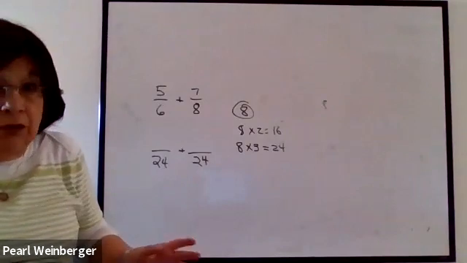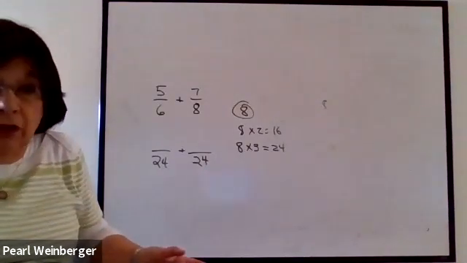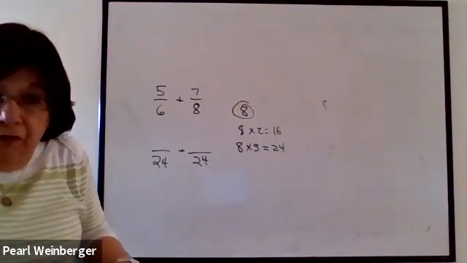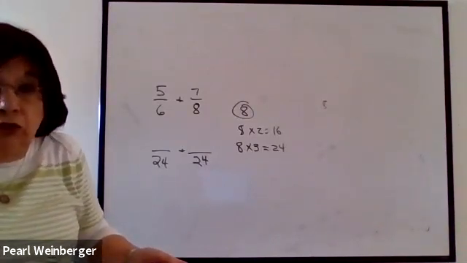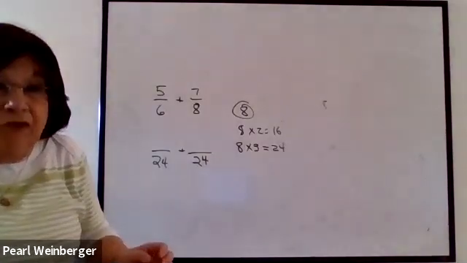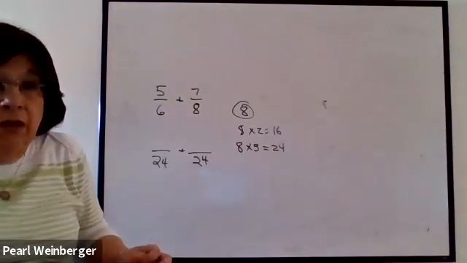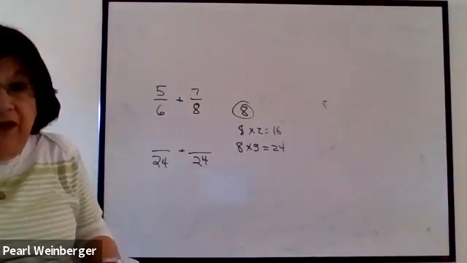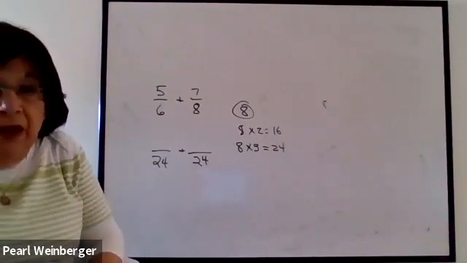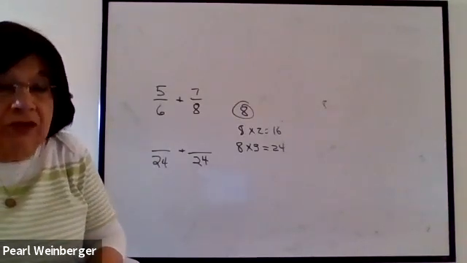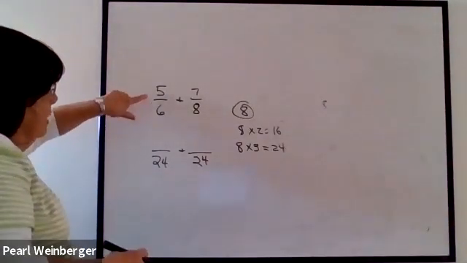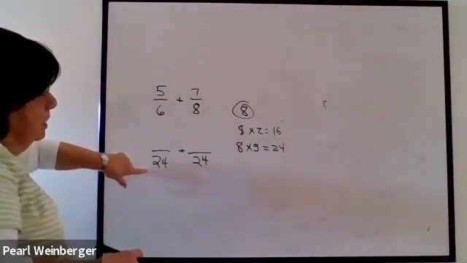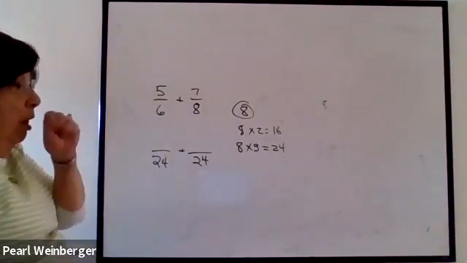In other words, we can have 1 over 4. 1/4 is one name for a fraction. 2/8 is the same fraction. 3/12 is the same fraction. There are many names for the same fraction. We're going to rename each of these fractions so that their denominator is 24.